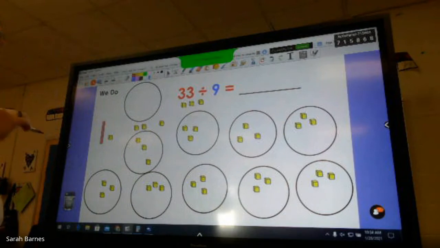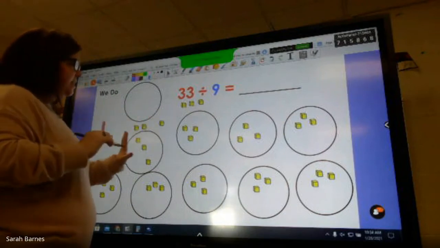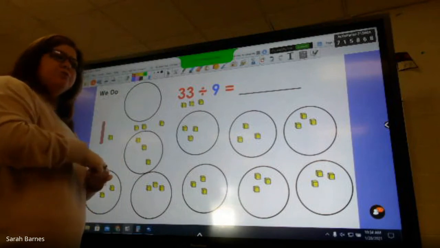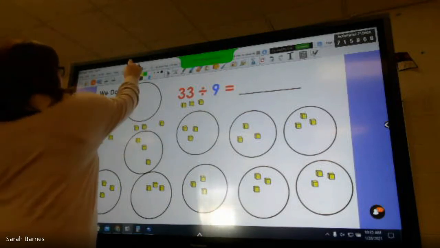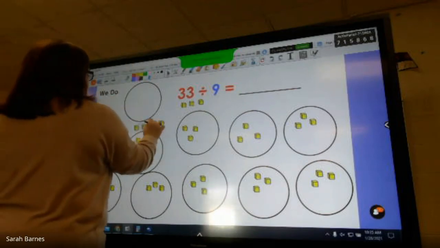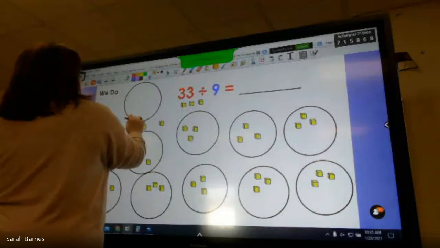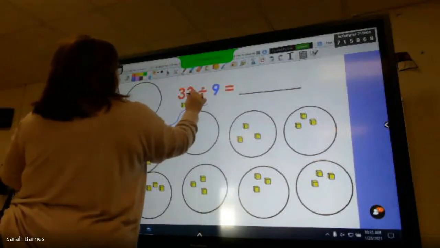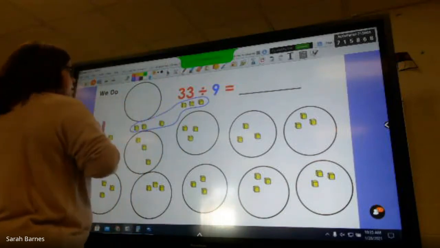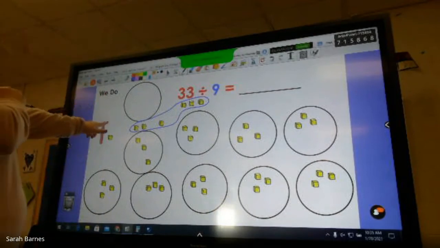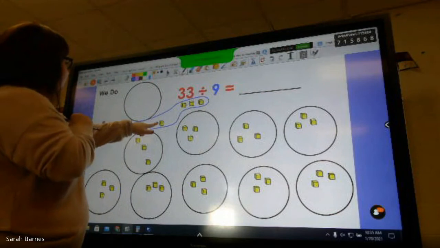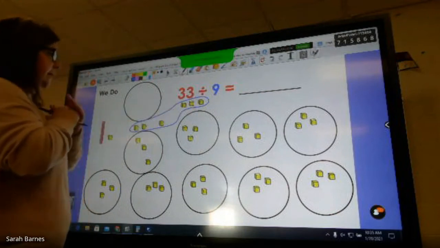If I share an extra one with 6 friends, 3 of my friends are going to be real upset, aren't they? They're going to be real sad. So I'm just going to put a circle around these, it's blue, so I know I'm not sharing those, because that shows me that I have 1, 2, 3, 4, 5, 6.